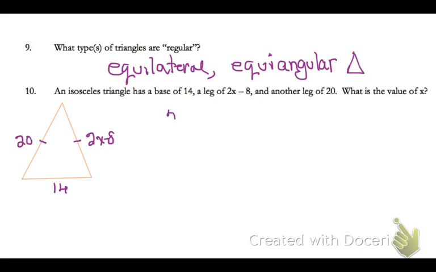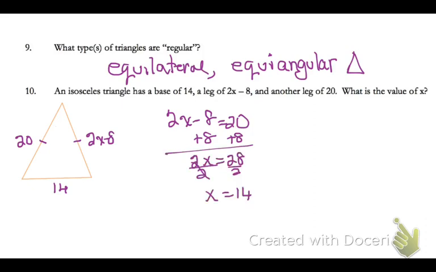So I know that 2x minus 8 must equal 20. And then I'm going to solve using algebra, and I'm going to get that x equals 14.